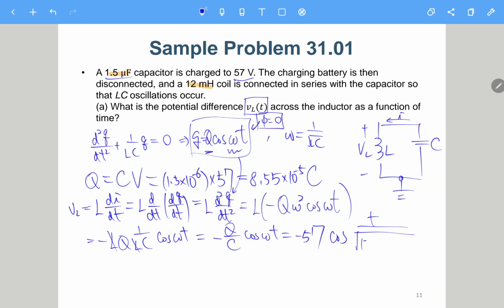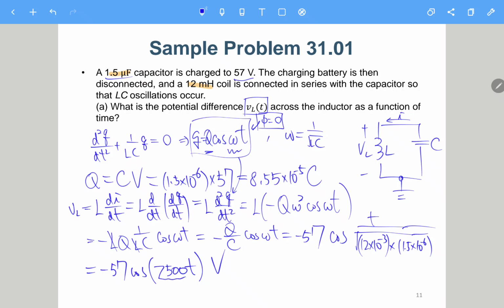L is 12 times 10 to the negative third power, and C is 1.5 times 10 to the negative 6. So finally it is negative 57 cosine of 7,500 t volts.